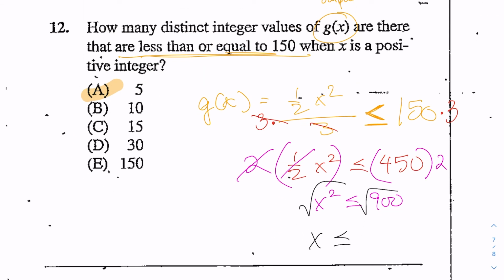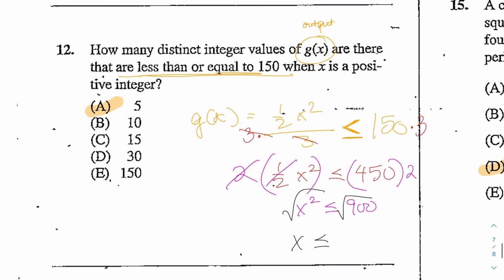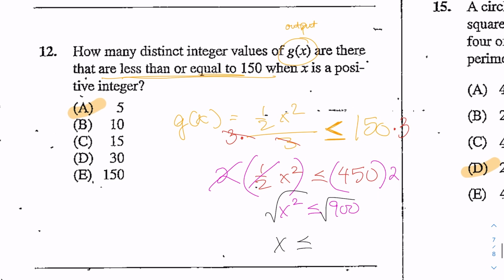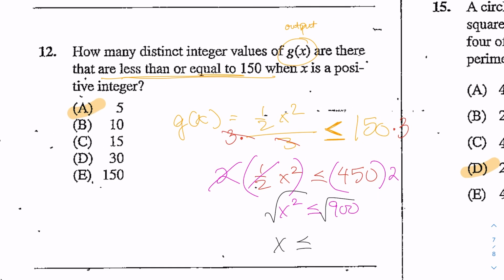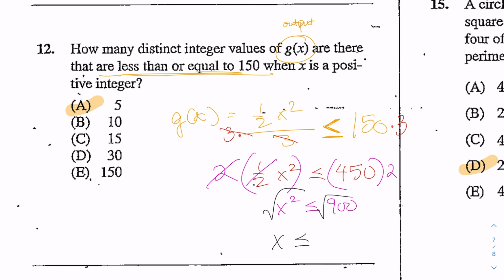And x has to be less than or equal to the square root of 900. All right, so here, 900 is 30 times 30.